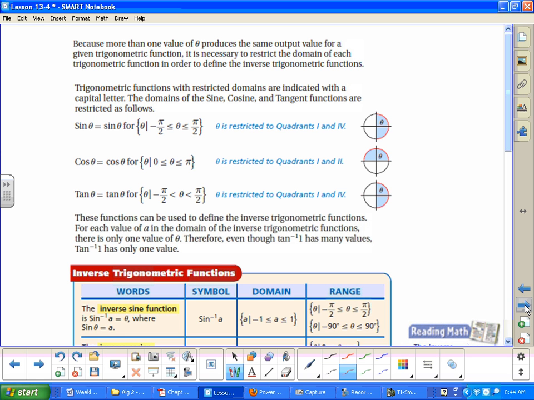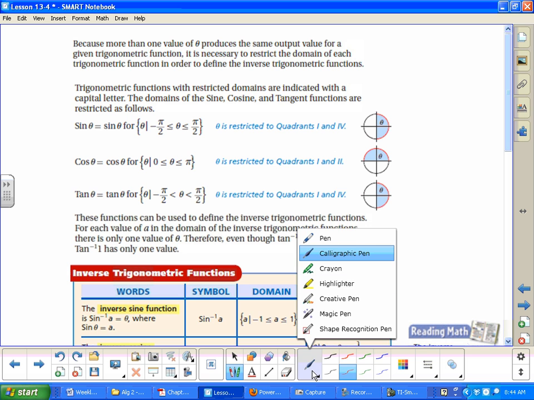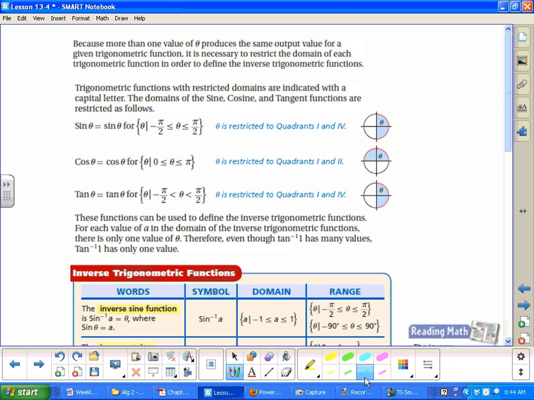Trigonometric functions with restricted domains are indicated with, there we go, capital letters. So if we're using capital letters, that means we're restricting the domain and range. In the problems we just did, we used lowercase letters, said let's find all possible.